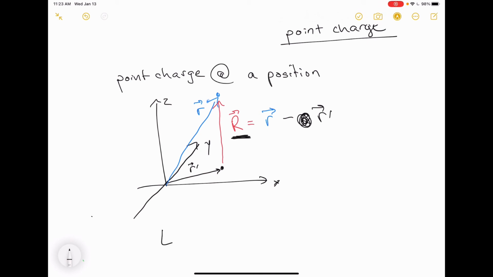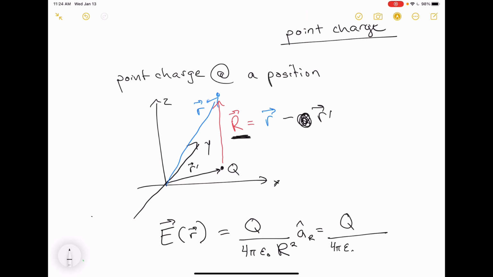And as a result, the electric field, as a function of position r of the observation point, is the value of my charge, which is at location r prime, divided by 4 pi epsilon naught R squared a hat R, which you can write in terms of their individual positions relative to the origin as q over 4 pi epsilon naught magnitude r minus r prime squared times the unit vector, which we're also going to write as r minus r prime divided by magnitude r minus r prime.